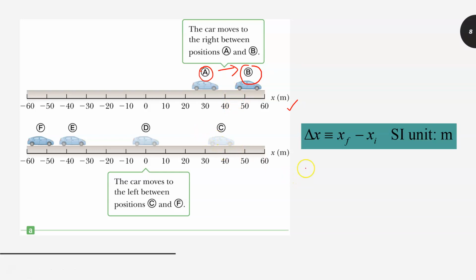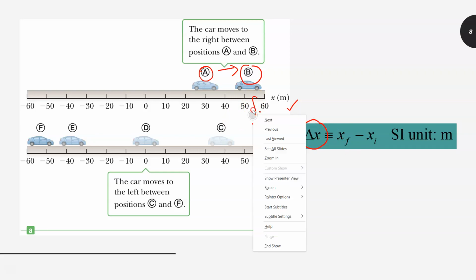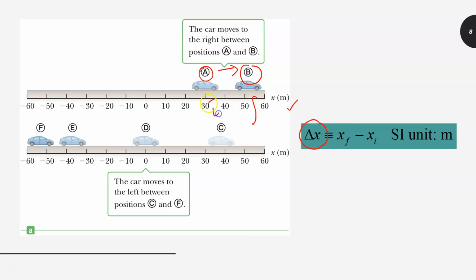Delta x is the difference between the final position, this is F, and the initial position, this is I. So delta x is equal to xf minus xi, and the SI unit is meter.